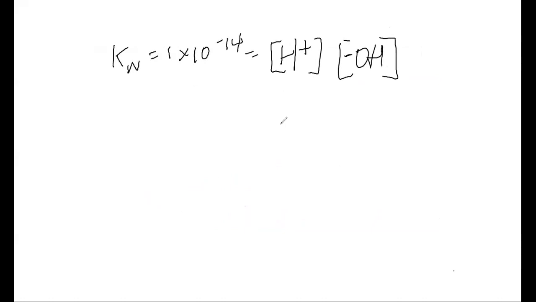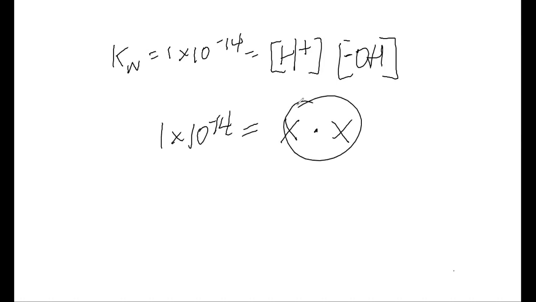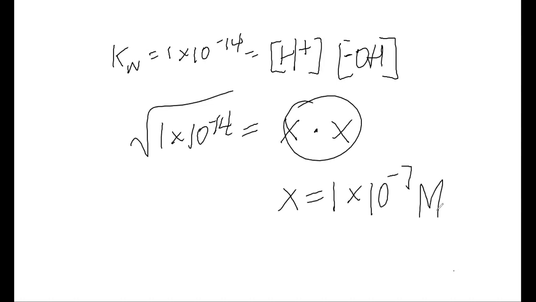So we could say it's just X times X equals 1 times 10 to the negative 14th. This is X squared, so I take the square root of both sides, and X would be 1 times 10 to the negative 7th. That would be our molarity for our hydrogen ion concentration and our hydroxide concentration.